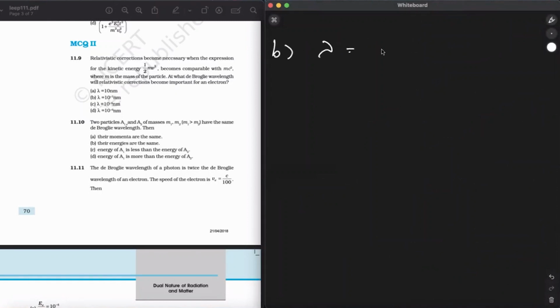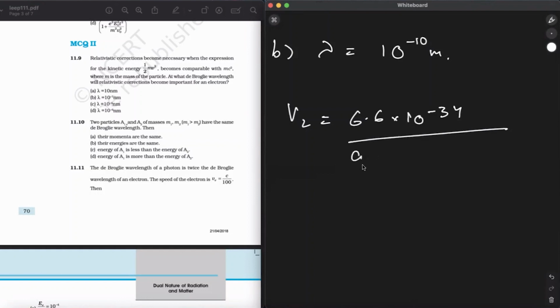Okay. Now, option number B. Now, lambda is equal to 10 raised to the power of minus 1 nanometers. So it is 10 raised to the power of minus 10 meters. Now, V2, if I write 6.6 into 10 raised to the power of minus 34, and writing the mass for it, 9 into 10 raised to the power of minus 31 into 10 raised to the power of minus 10. Okay.